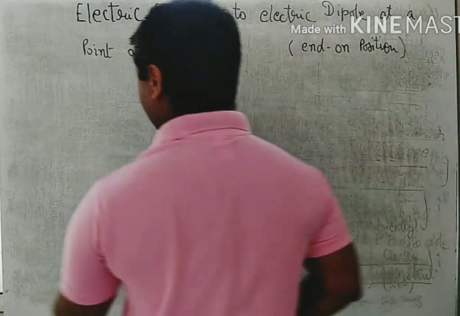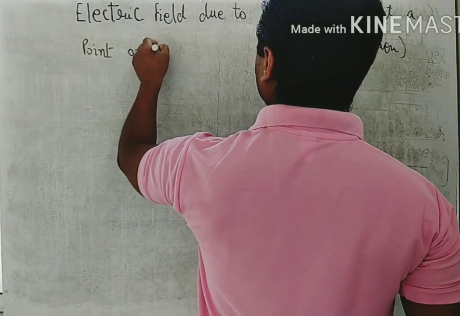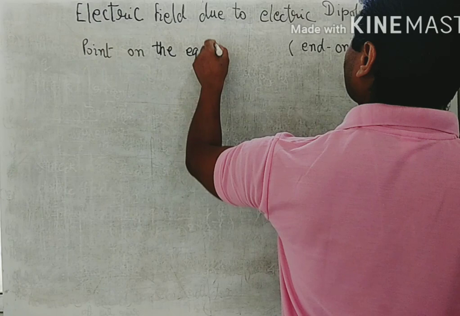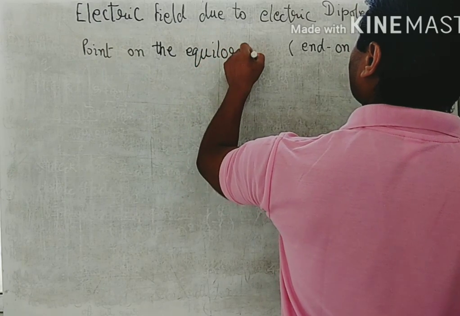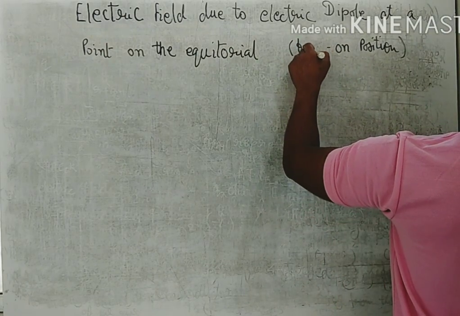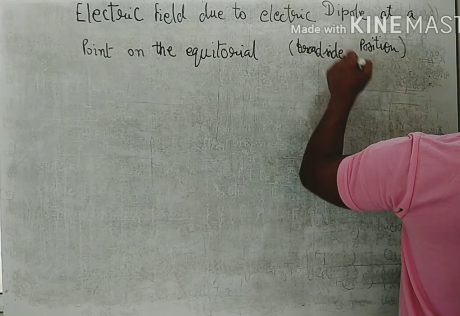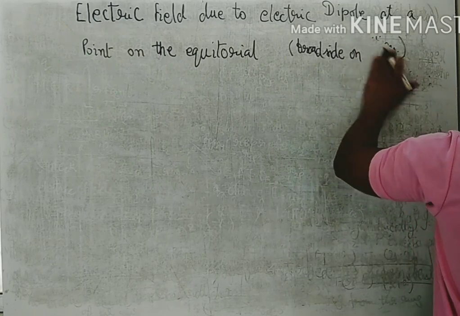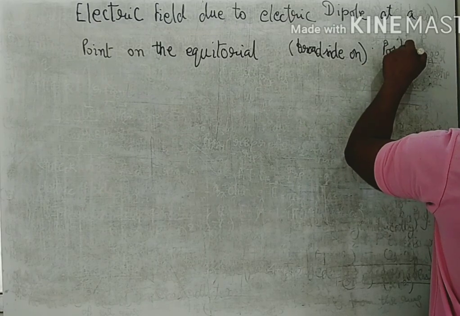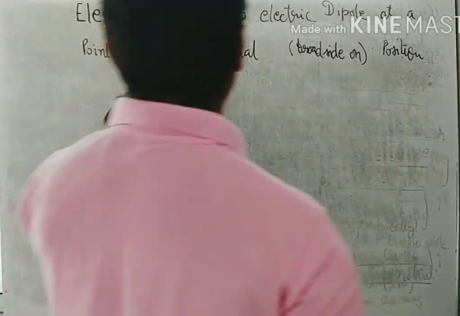The next topic: at a point on the equatorial position, which is called the broadside on position.